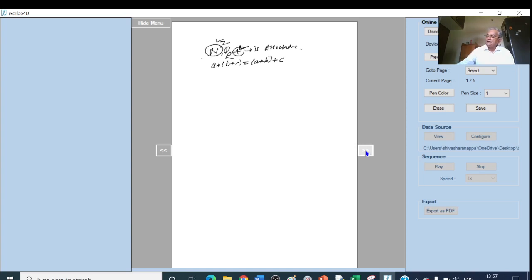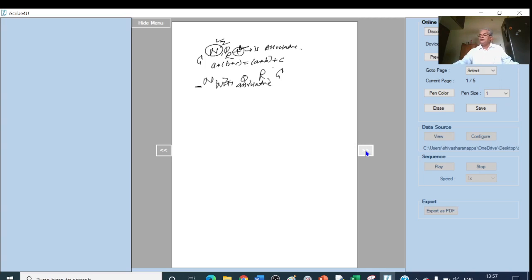And you can take C here. So for all N, Z, Q, R, C, this plus is associative. And if you go for the minus here, then it is not associative.